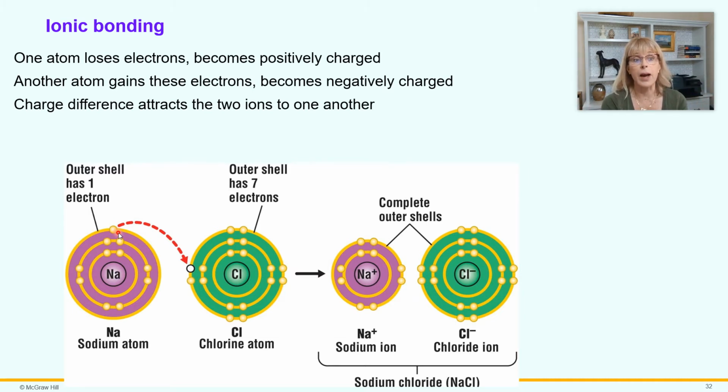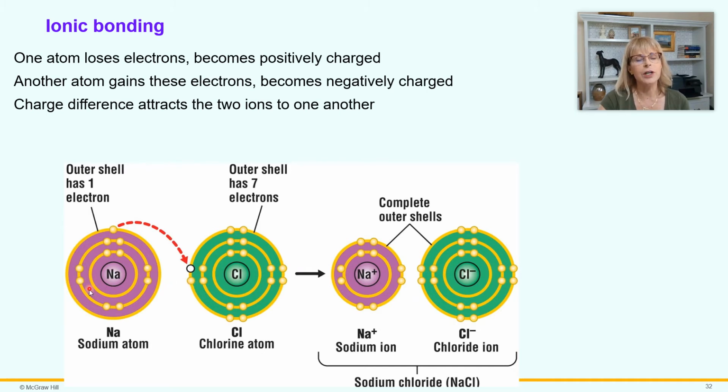In the case of sodium, I'm never going to get 7 more electrons out there. I'm just going to give it away. If I give it away, look, I've got a full outer electron shell. And then there will be another atom, like chlorine in this situation. Chlorine says to itself, man, I just need 1 more electron and I've got a full outer electron shell. If only someone would give me their electron.